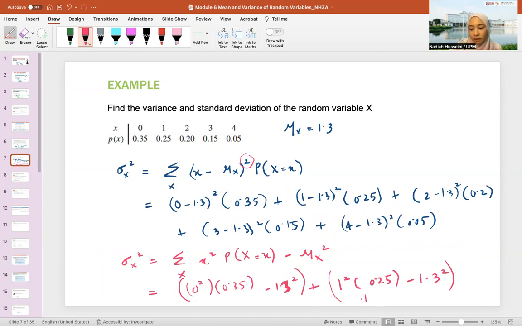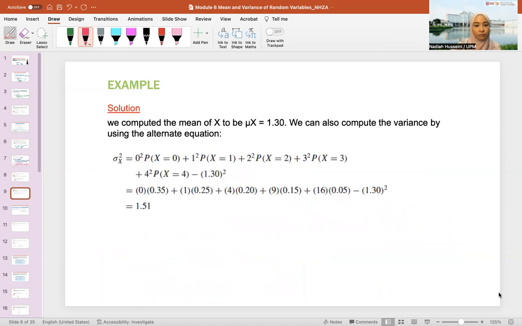Plus 2 squared, 0.2, minus 1.3 squared. Okay, so I think you get the idea on how to expand the equation. So here actually you can add these all first and then minus 1.3 squared. But you have to have this. So it's the same actually.